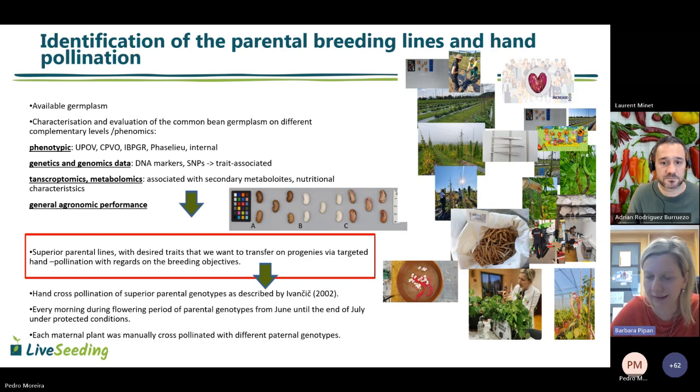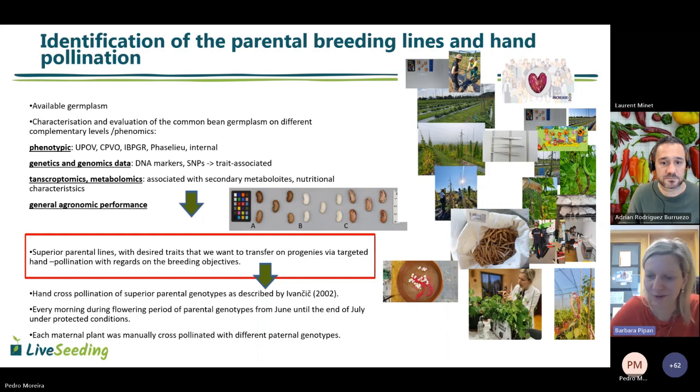And this crossing itself is, as I said, very delicate. It needs a lot of concentration to open the flower on the maternal plants. When the flower is open, it's already self-pollinated. So we have to open it before it opens by itself, so that we can transfer the pollen from the father flower to the mother flower.